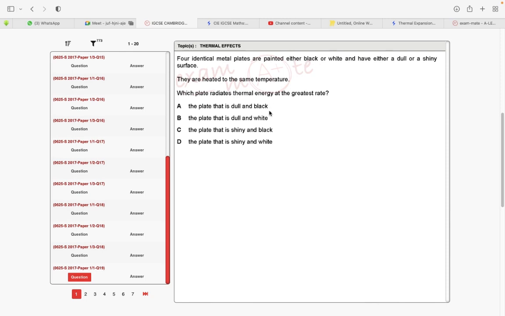Do you know why we say that? I knew it was black, but I didn't know if it was dull or shiny. That's why in hot places like the Middle East, black absorbs a lot of heat and also radiates, emits a lot of heat.